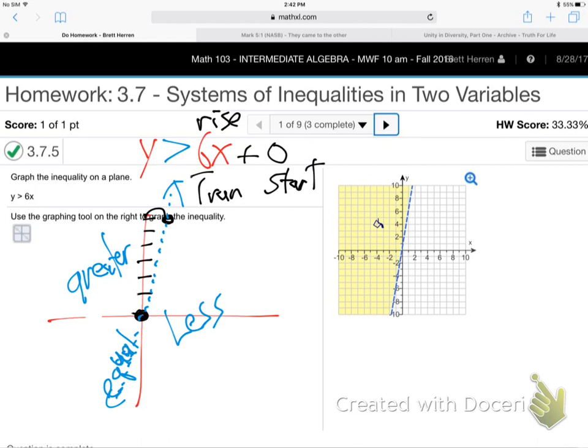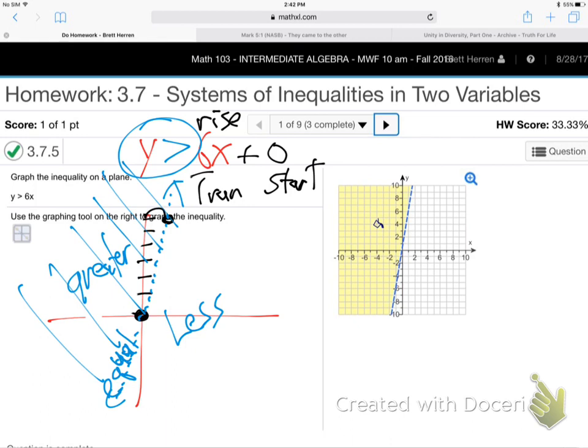Does that make sense? It breaks the whole world into greater than, equal to, and less than. And then you just give them what they want. What do they want? Just the greater, please. Y greater. So where's the greater? Up here. So you shade above the line.